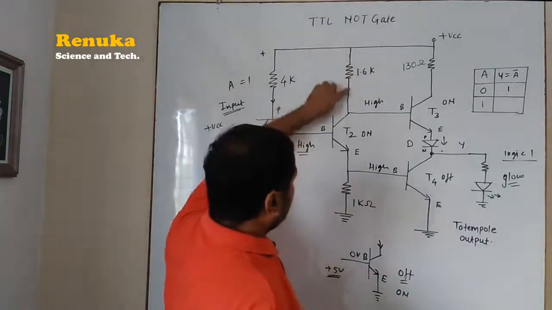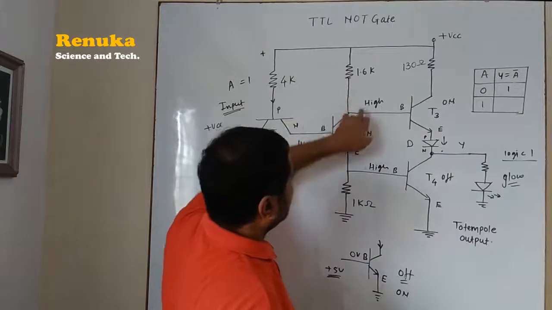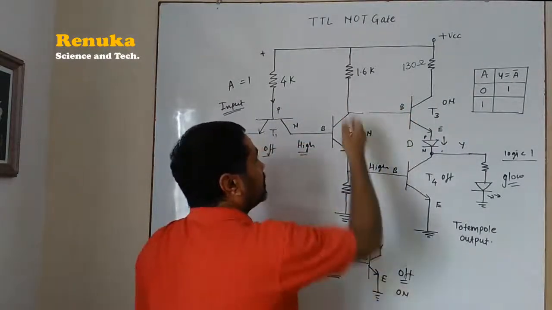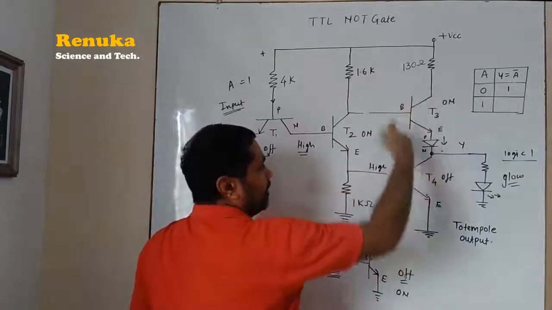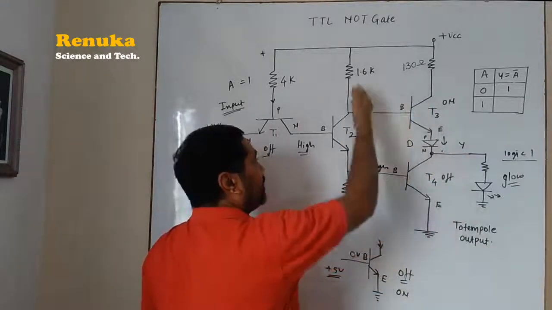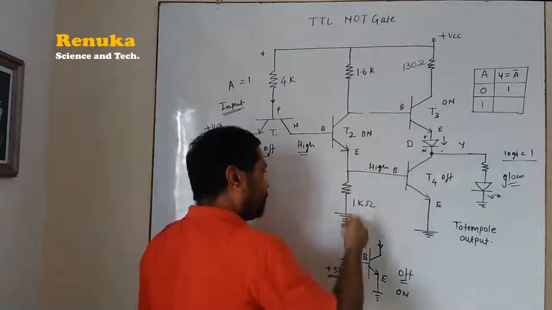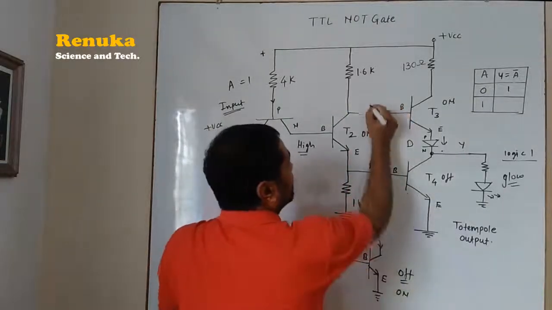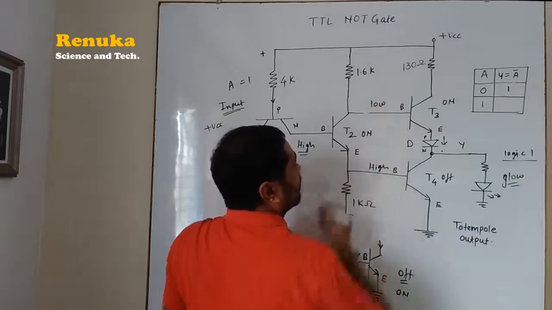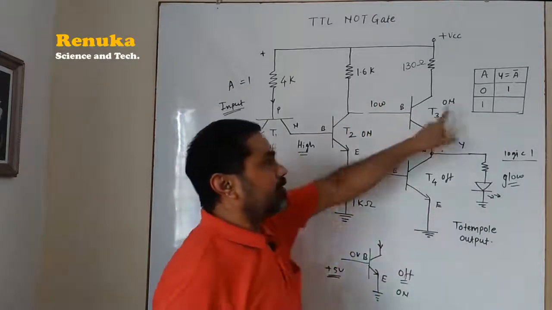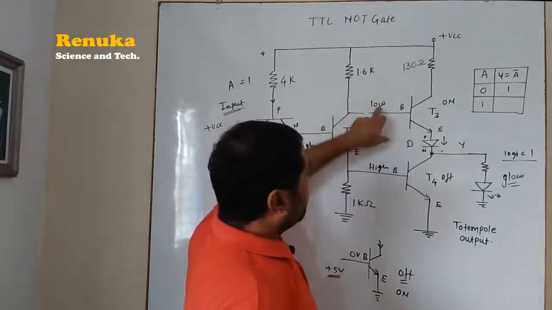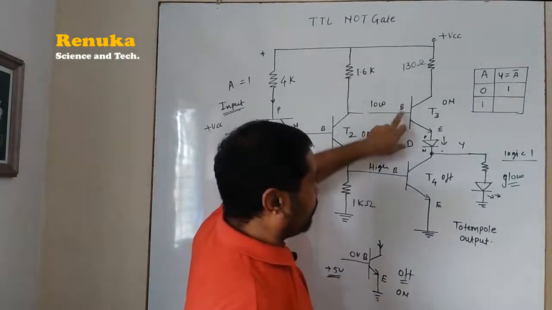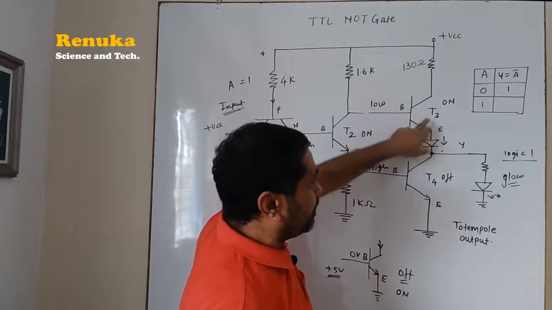If the current is passing here, then no current will pass through this terminal, because the resistive path offered by this circuit is high, so all the current will flow in this direction only. If no current is flowing in this direction, it will create a low voltage at the base of transistor T3. If the base of the transistor is not getting any voltage, it will not forward bias the diode between base and emitter of T3.